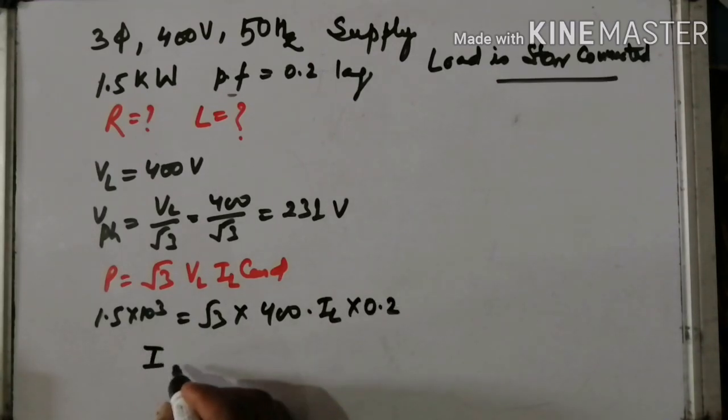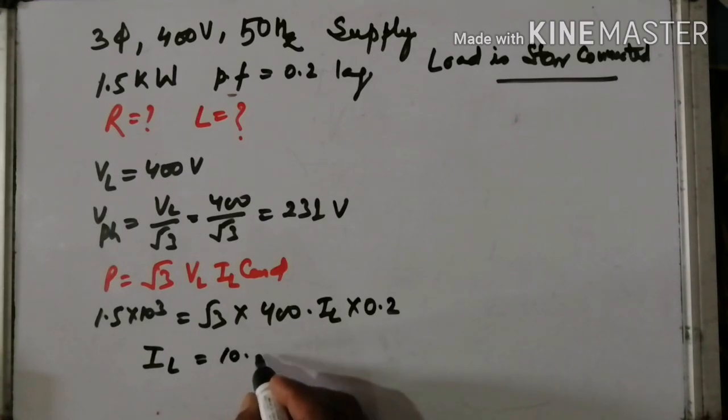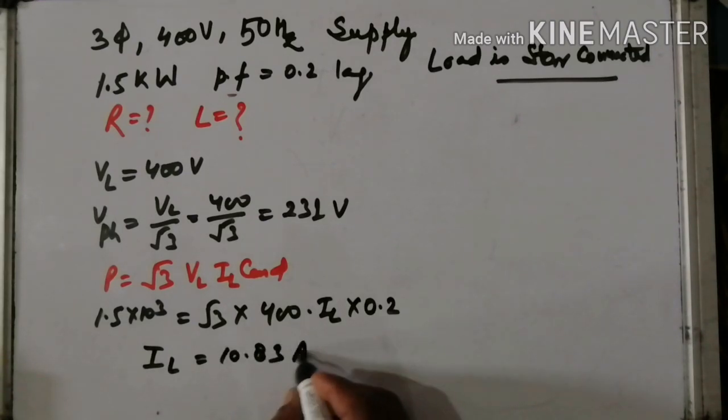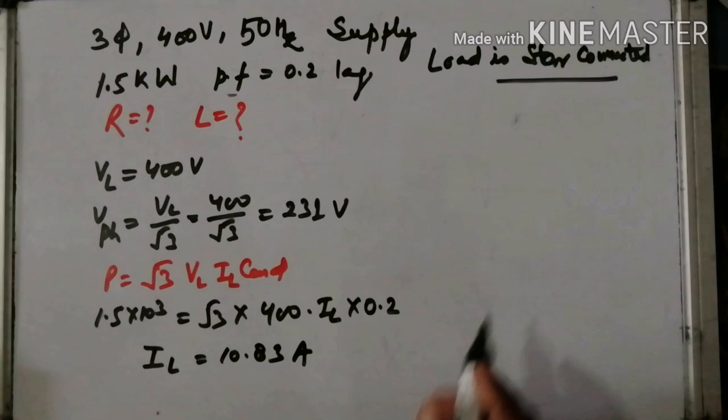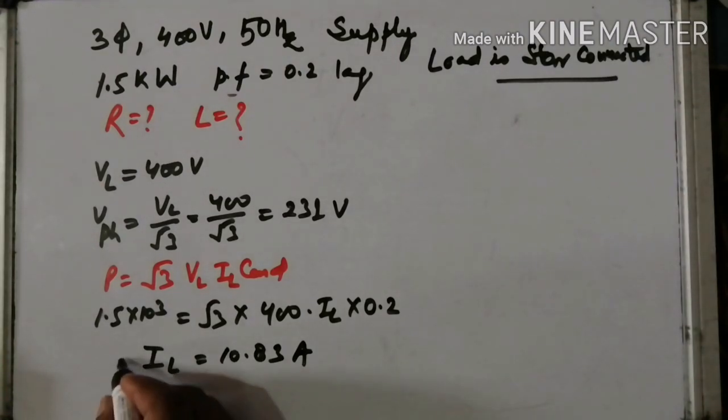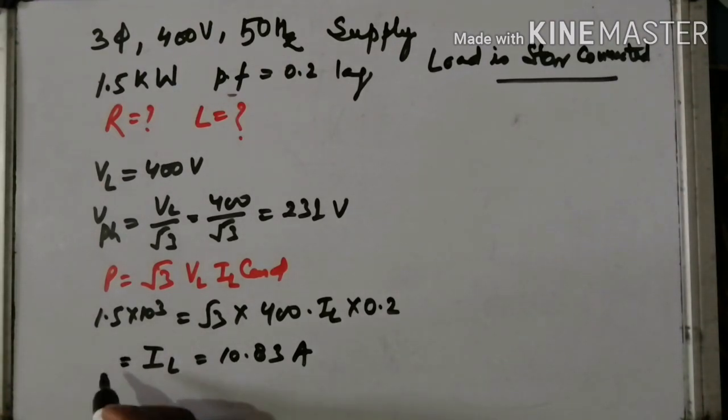With the help of this equation we can calculate IL, that is the line current. It is 10.83 ampere. And in the case of the star, line current is equal to the phase current. So the value of the phase current is also the same, that is 10.83 ampere.